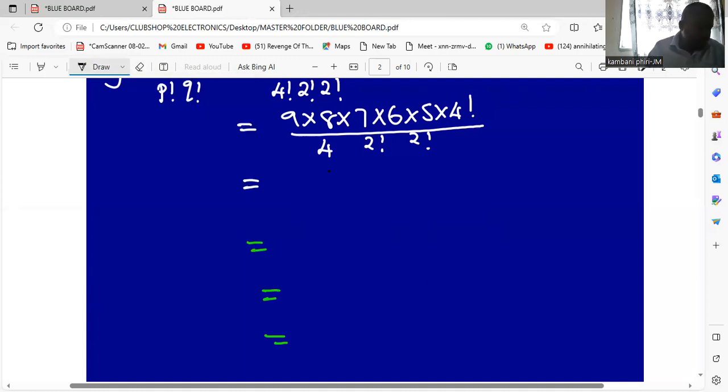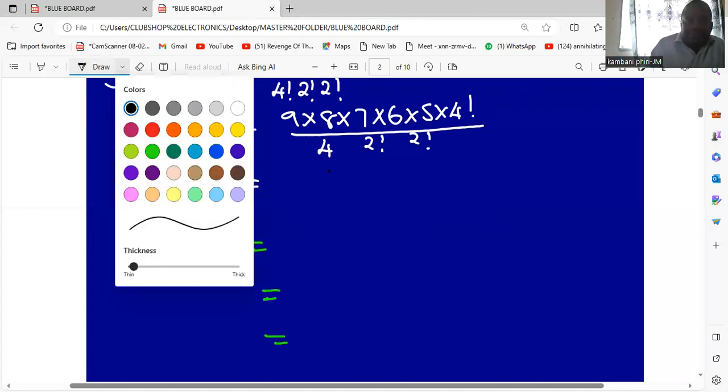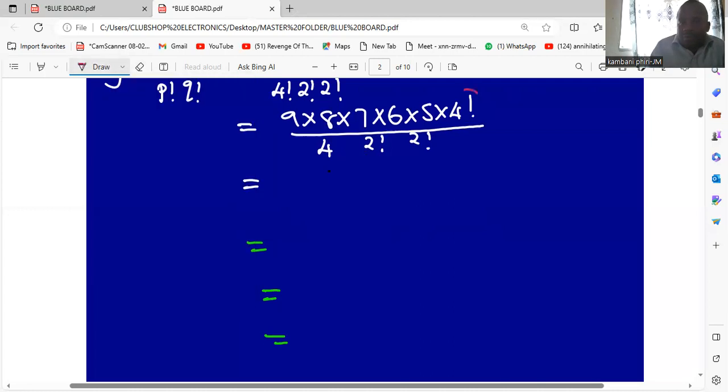We are saying this 4 factorial and 4 factorial, they'll cancel, right? So we have got 9 times 8 times 7 times 6 times 5. Yes, times 5.